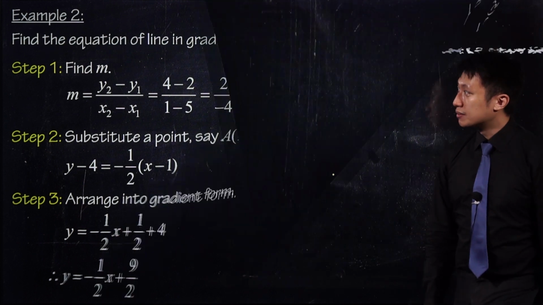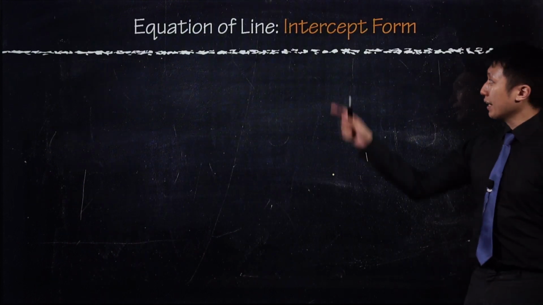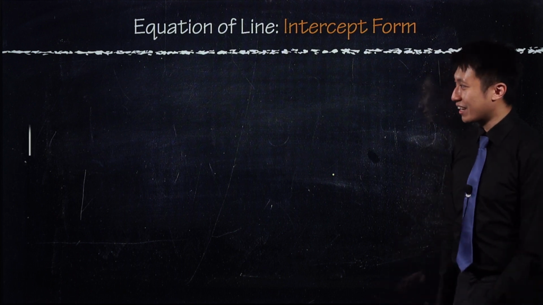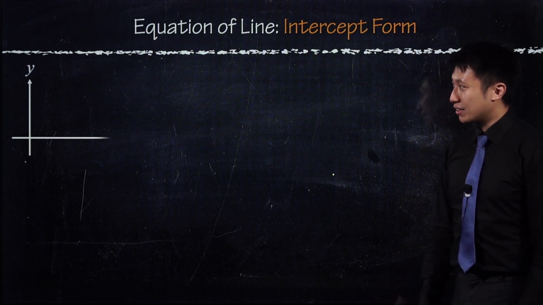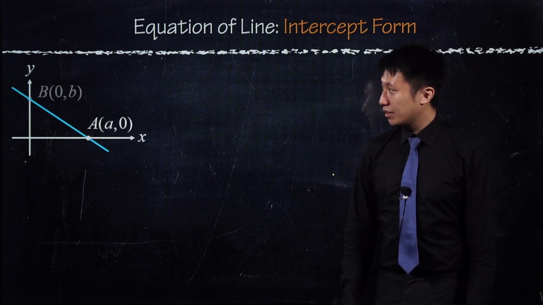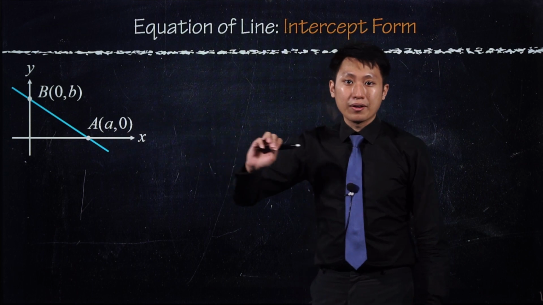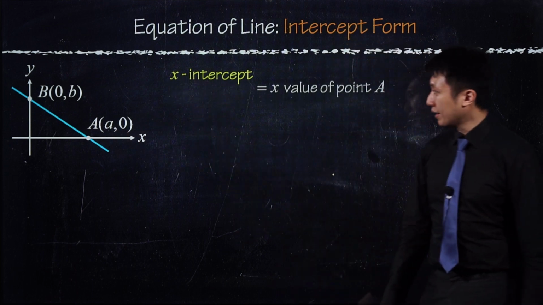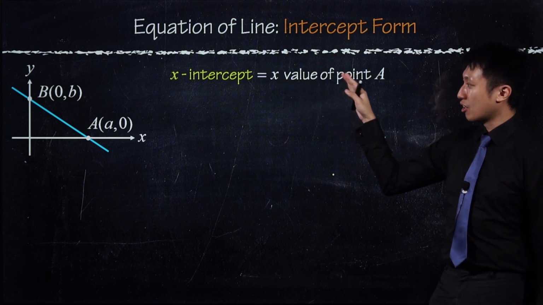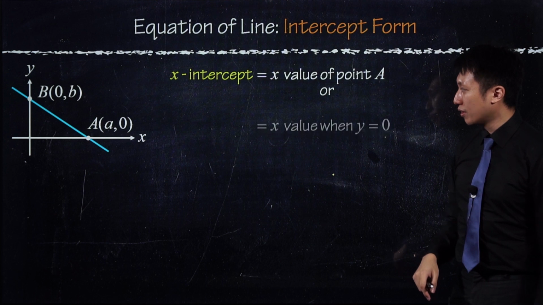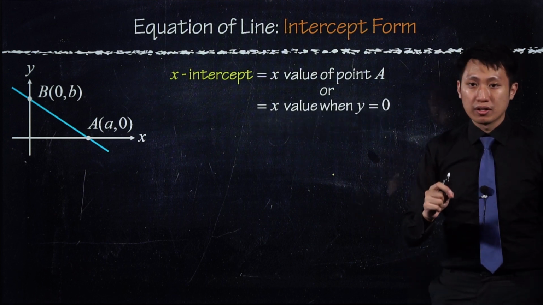All right, let's move on. Equation of a line in intercept form. This is one of the simplest ones, I'll say. So what is the x-intercept? The x-intercept is the x value of point A, which is the x value when y equals 0.